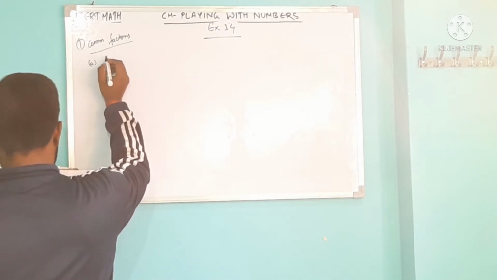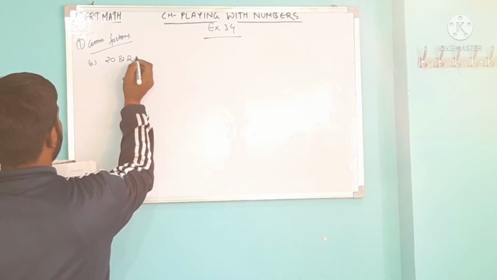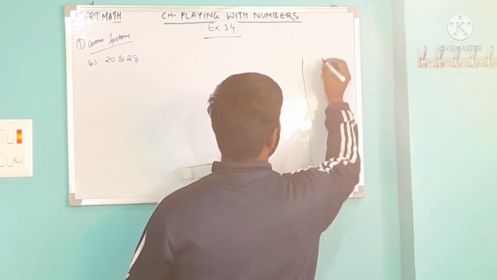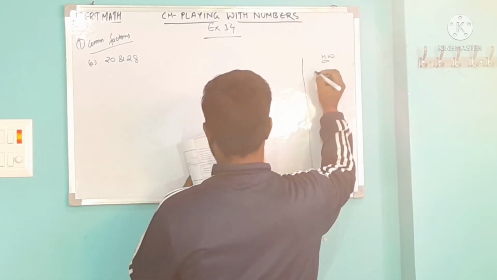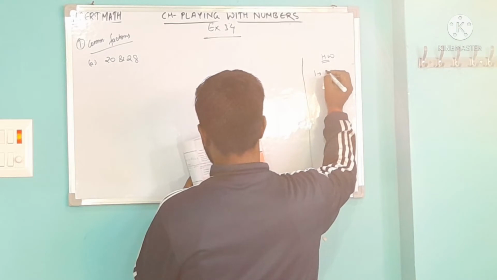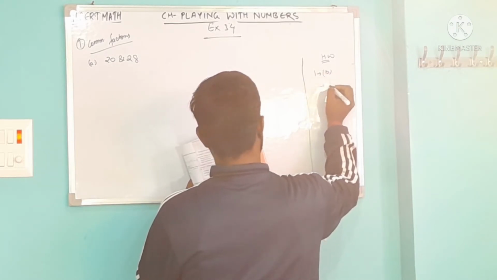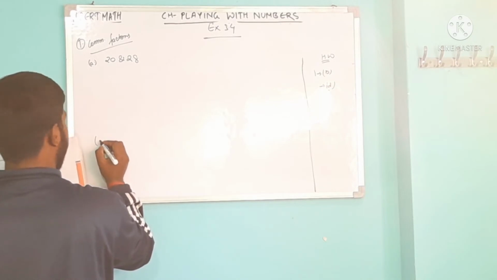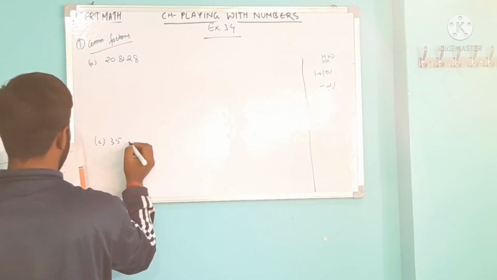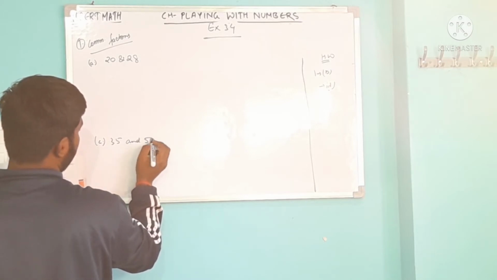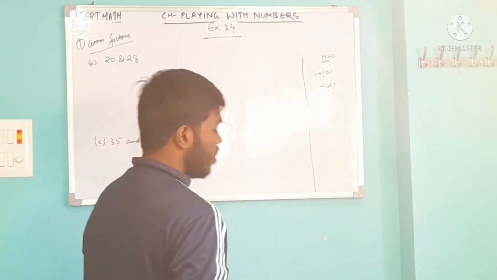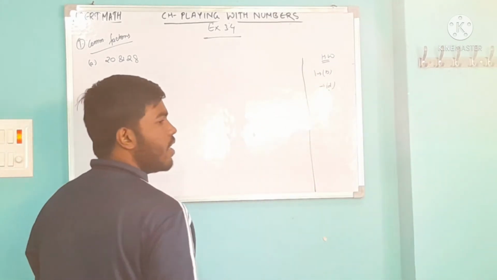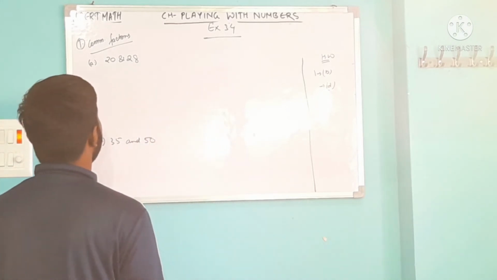In the A part we have 20 and 28, and in the C part we have 35 and 50. So in the first question we solve the A and C parts, and the homework is the B and D parts, which are the second and fourth parts.